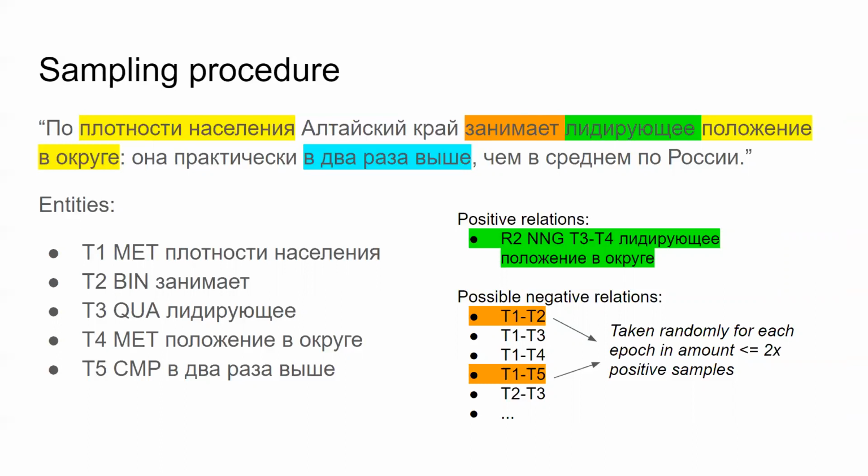So we decided to reduce the amount of negative samples by taking random pairs of entities in an amount not exceeding the doubled number of positive ones. So for this sentence on the slide, we have one positive sample from markup, and for each train epoch, we take a maximum of 2 possible negative samples. However, for inference, we take all possible pairs.